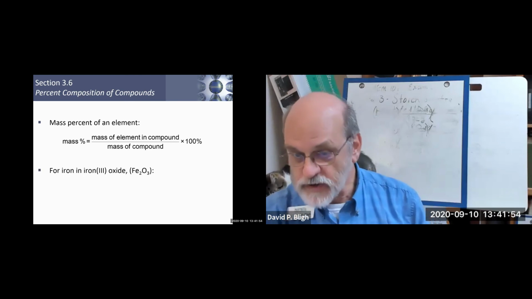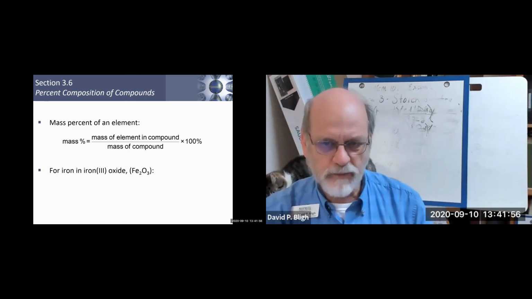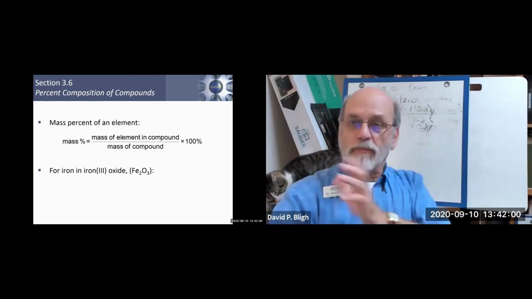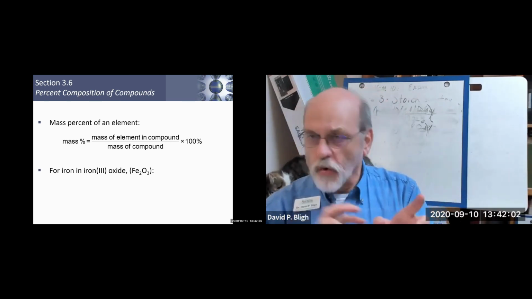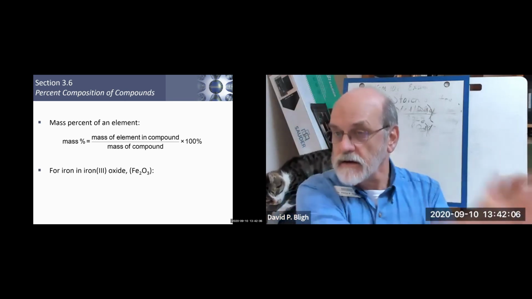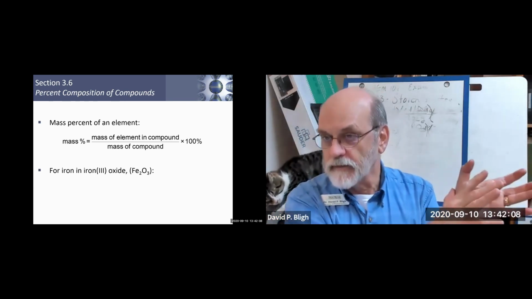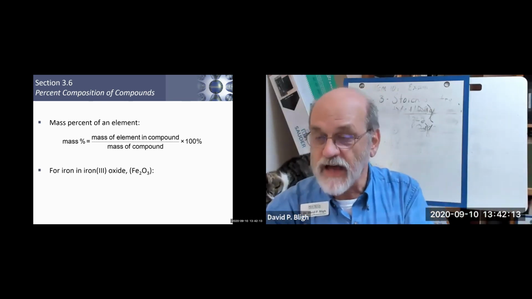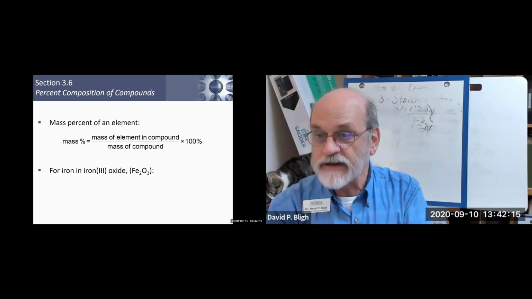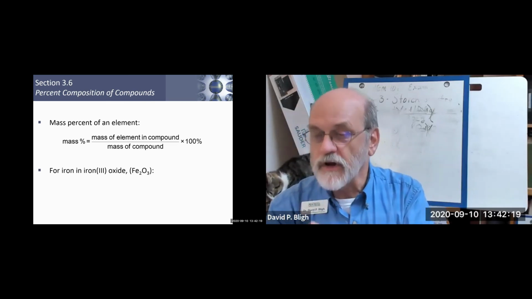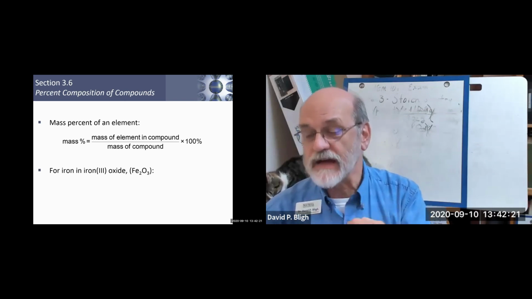I'm going to show you how to do that maybe next time. It probably won't have time now. But you can go both ways. You can go into the lab, determine the mass percent, and work your way to the formula. But you can also take the formula, if you know it, in this case iron(III) oxide, Fe2O3, and determine the expected mass percent of that compound.